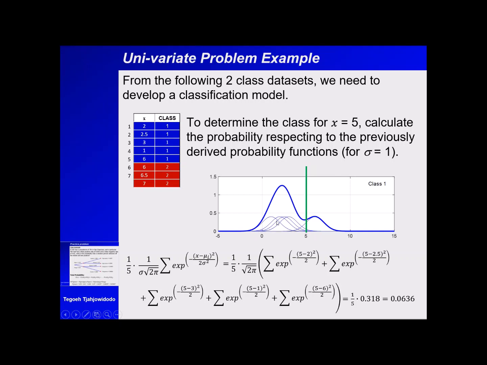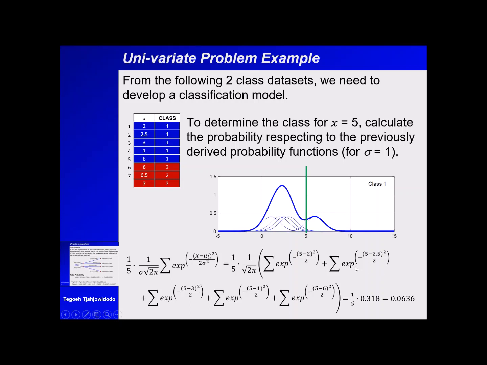I'll just calculate the probability of having x equal to 5 for the probability density function with a mean of 2 and sigma of 1. So I will calculate it using this function. And the second term here corresponds to the other PDF here, 2.5. 2.5 is the third one. I calculate the probability in here.